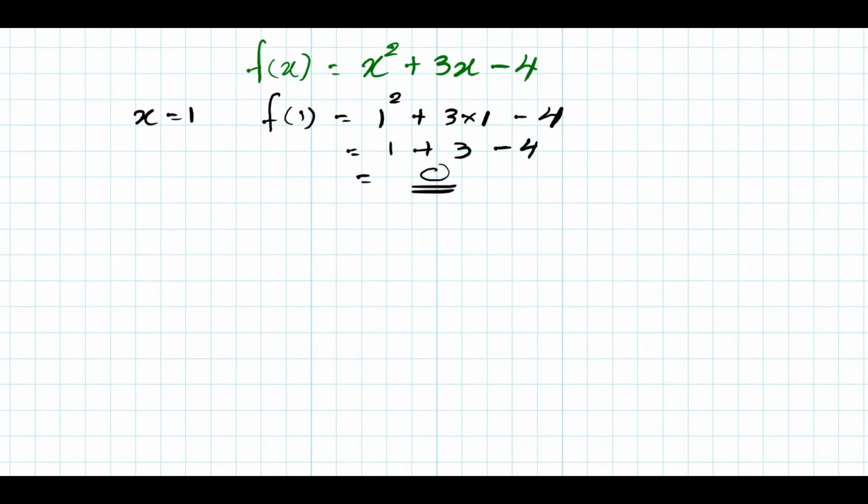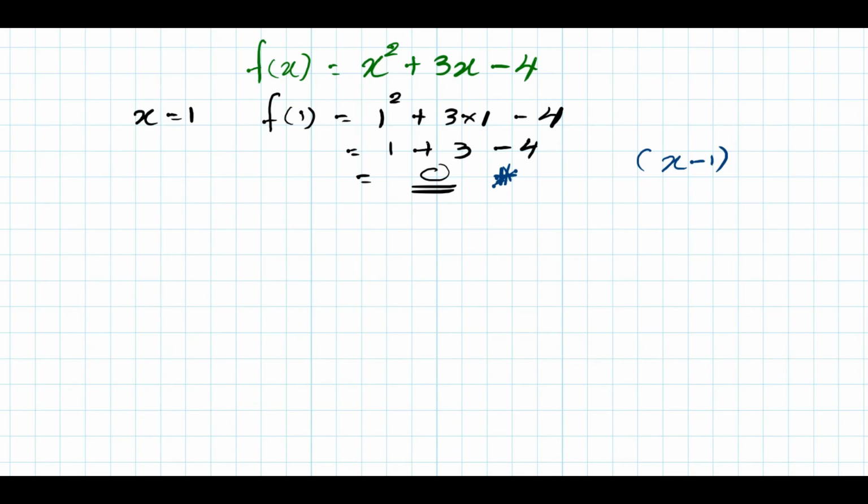This is a special situation. If any f(x) function becomes 0 after the substitution of a value, that means we have found one factor of it. I substituted x equals 1, so x minus 1 is a factor of f(x).